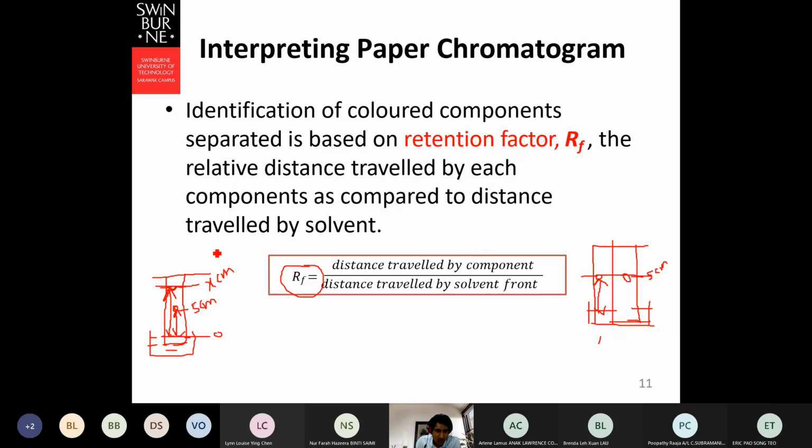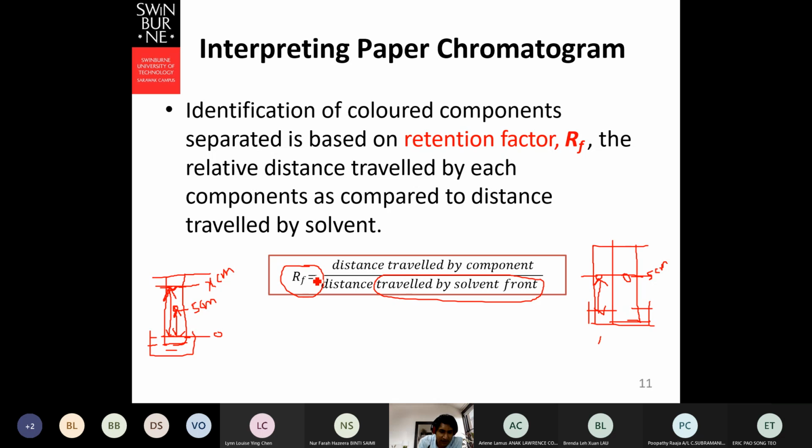When we say the distance traveled by the solvent, we don't have to keep an eye on the watch for exactly 5 minutes, 5 seconds. No, we will see how far, using the same stationary phase, same liquid phase, same samples, and after some time we will see how far the sample is traveling and how far the liquid in which the sample was dissolved has also traveled.